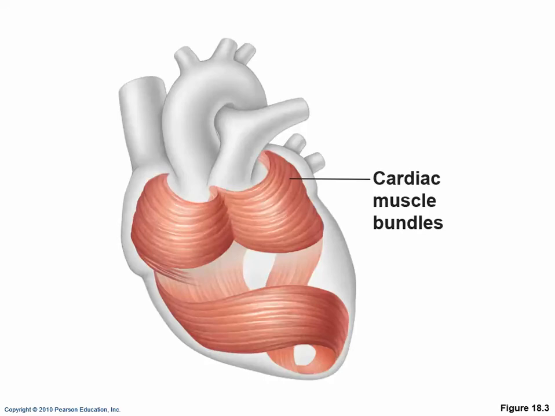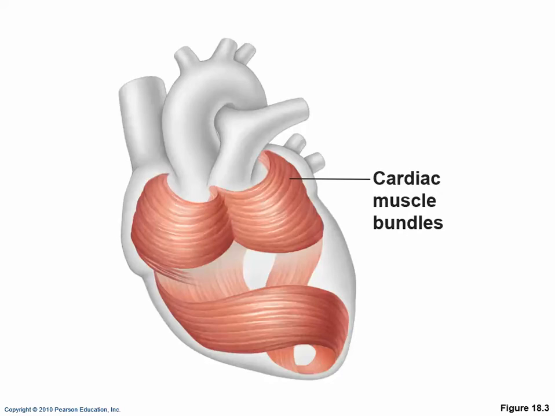You'll notice that the two atria at the top are kind of circular. They surround the organ, and that the bundles in the ventricles have this twist.